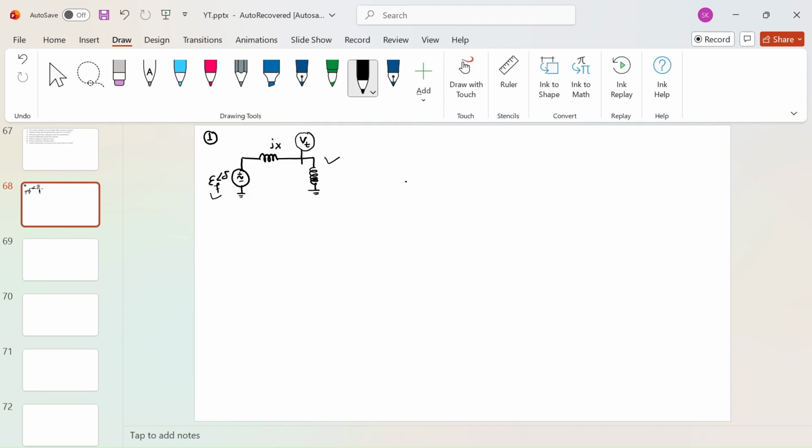If you can recall, let's say this is your field mmf and this is your Ef. In case of purely lagging load, the armature current Ia lags the Ef, and in this direction I will have Fa, the armature mmf created by the armature current. So your net field excitation will reduce to the resultant.